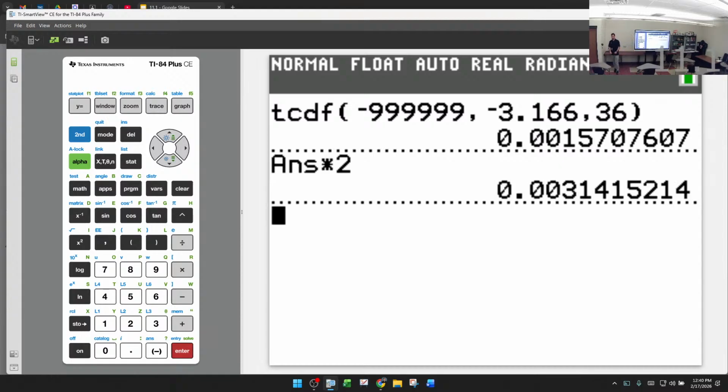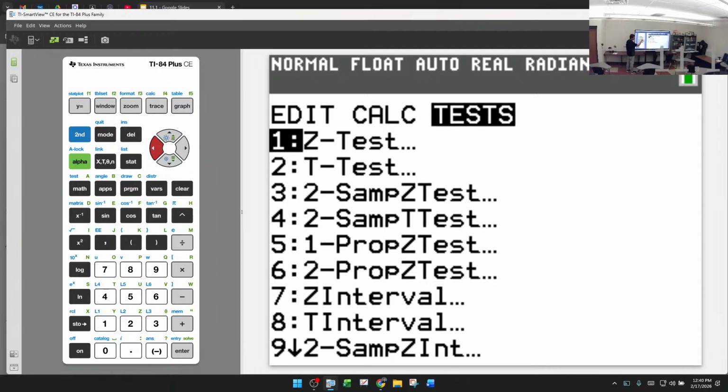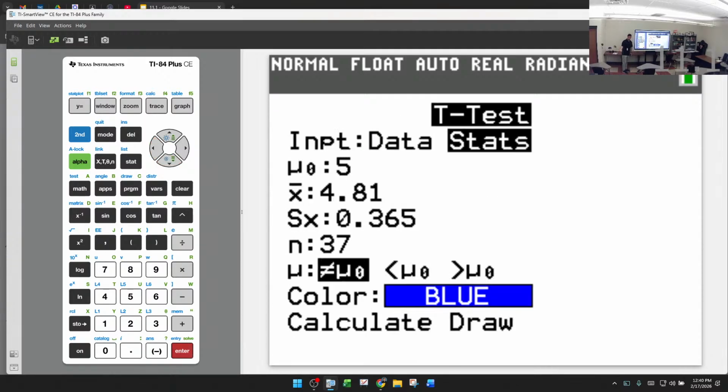I only calculated 1. I went from negative 999 to negative 3. That only did the left-tailed. Got to double it. Calculator does it. So when I did stat test and did the t test, it doubled it for me. But if you do the TCDF and it's two-tailed, you have to double it.